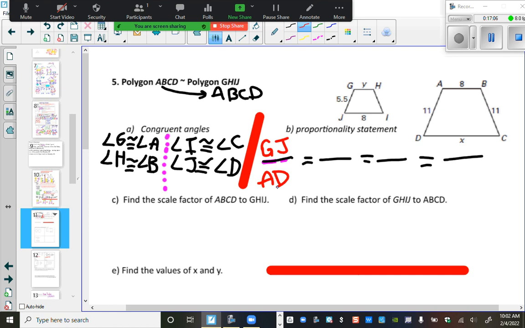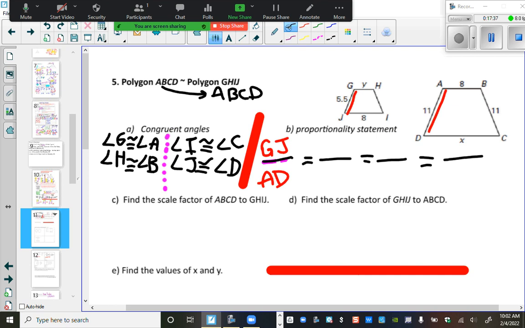So GJ, AD. And this is very good because what else do we know about both GJ and AD? What do we notice? Unlike all the other sides, GJ and AD both have, do they have variables or do they both have numbers? Numbers. They both have numbers.